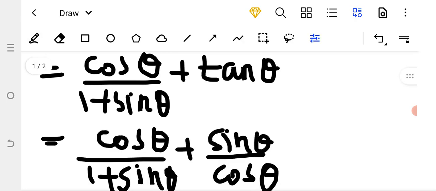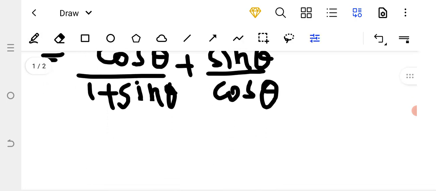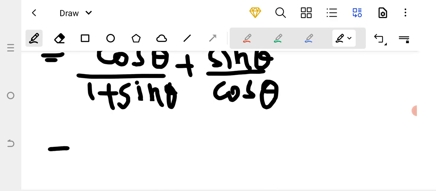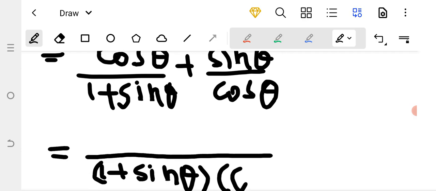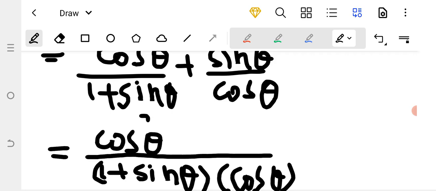And then the lowest common denominator will be when you multiply those two denominators. So it's equal to 1 plus sin theta in a bracket multiplied by cos theta. So 1 plus sin theta into 1 plus sin theta cos theta is going to be cos theta. Cos theta multiplied by the numerator, which is cos theta, is going to be cos theta squared.